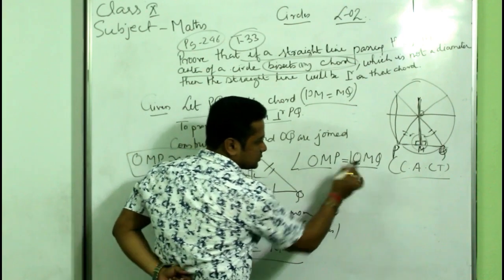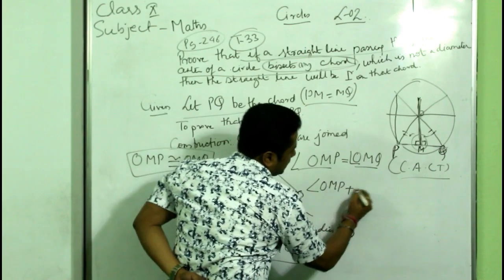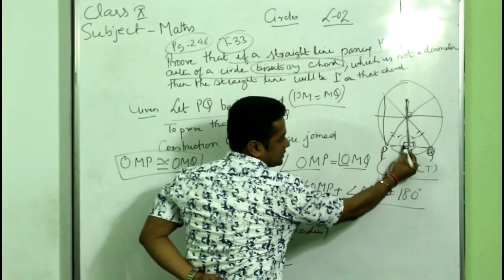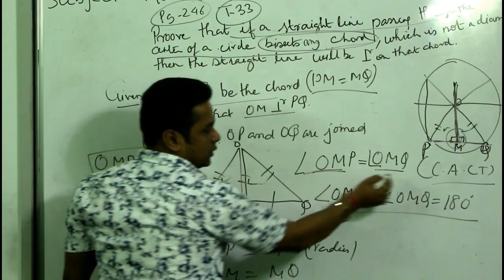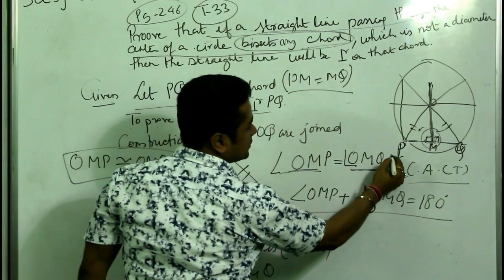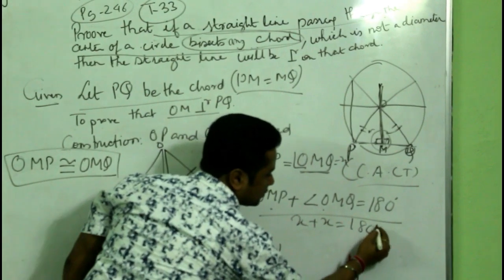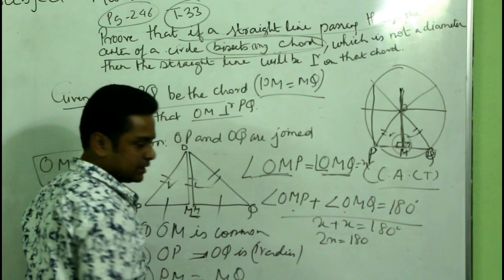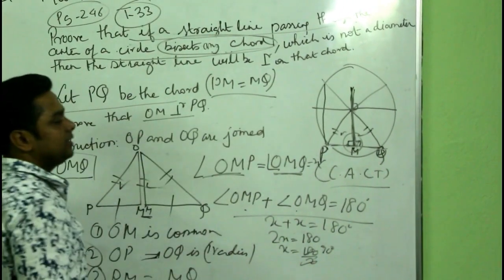Now this is equal to this. Okay, keep this in mind. Now if I write angle OMP plus angle OMQ, it is what? 180 degree. Why? It's a straight line. Angle in a straight line is how much? 180. Now these both are equal. Let's take x. Let this be x. So x plus x is equal to 180 degree. So 2x is equal to 180 degree. So x is equal to 90 degree.